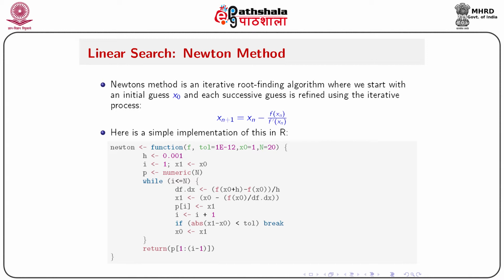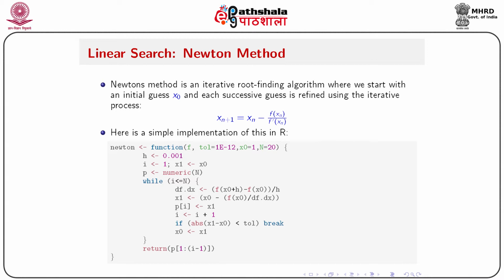Then df dx, the first derivative of the function, is just the old definition of calculus from our textbooks: f(x0 plus h) minus f(x0), divided by h, where h I already defined as 0.001. This is a very crude method, though; just for implementation purposes I am doing it like this.